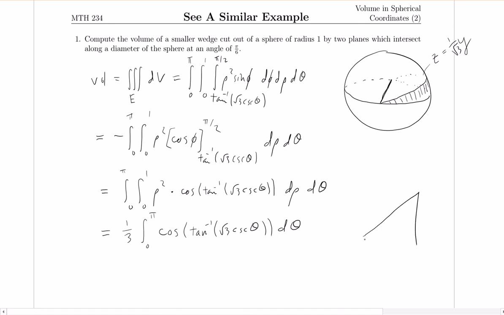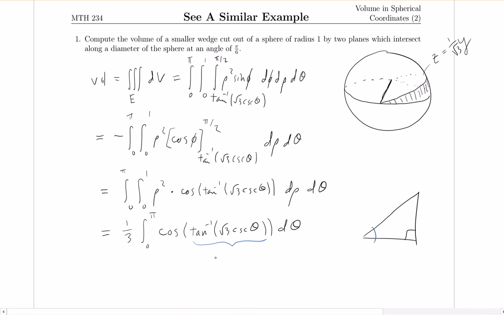So what do I mean by that? Let's draw a triangle where this angle right here, that I'm going to do in blue, is this quantity, the arctangent of square root of 3 cosecant theta. Again, remember cosecant means 1 over sine.